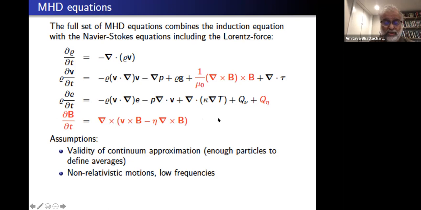And one of those terms is called the Biermann term, which is the curl of the term gradient pressure over n, roughly speaking. So if you finish taking the curl, that'll end up being curl P cross curl n. So if gradient pressure and gradient density aren't perfectly aligned, you have actually a finite contribution from that term.